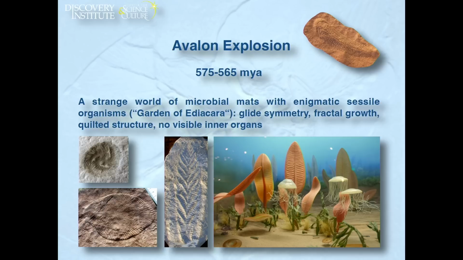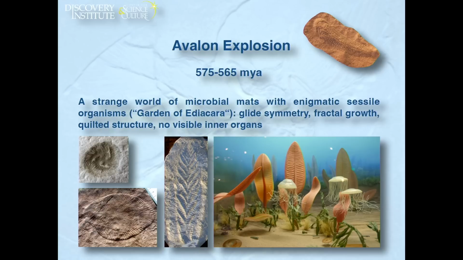And I say biota because nobody really knows what these things are. These are the first fossils that even a layman would recognize as fossils, not just tiny bubbles that may have been bacteria, but really macroscopic, larger fossil organisms. But we don't know what they were, if they were plants, animals, fungi, giant protists.